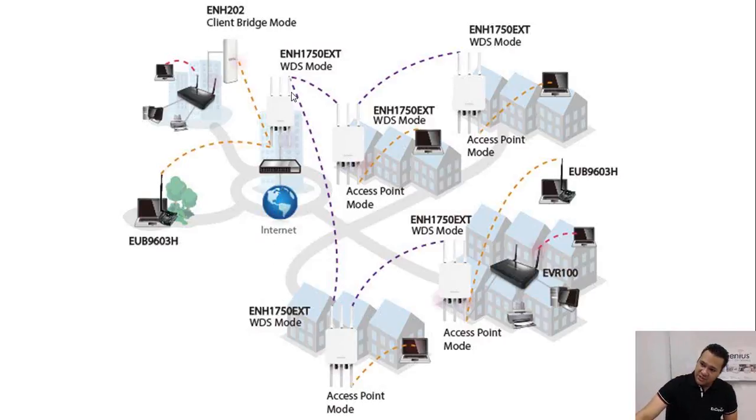You can see that there are 2 different colors of lines here: we have a purple line and we have an orange line. It's indicated here that we use purple lines for 5 gigahertz to make a backhaul using the WDS solution, WDS AP in this case.